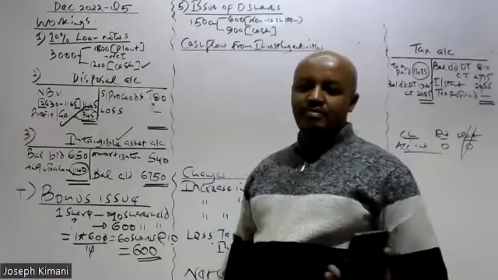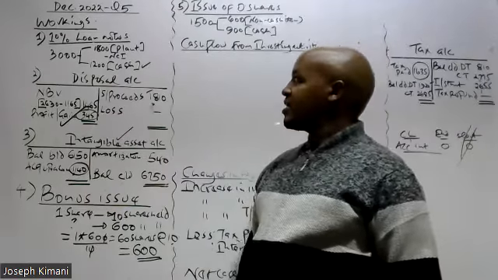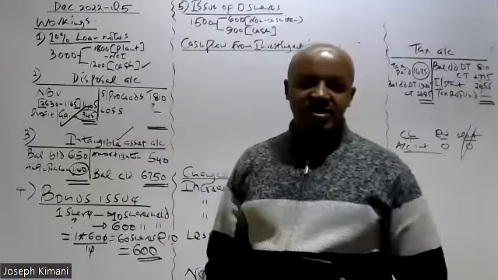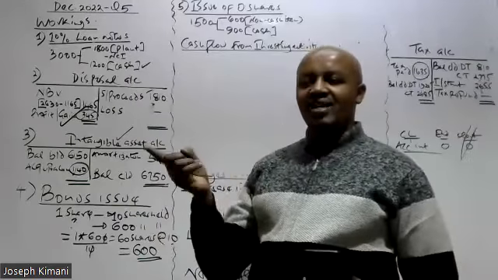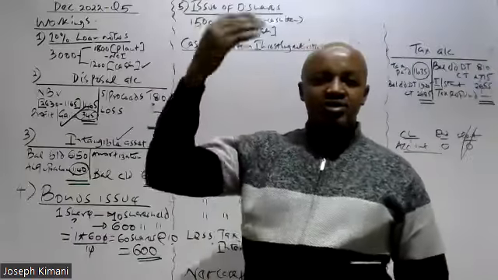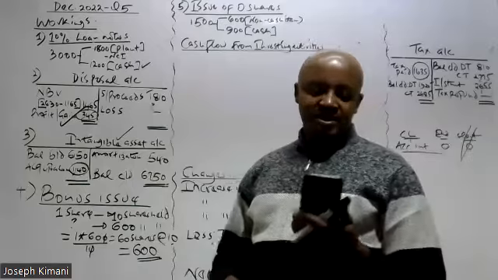It was acquired from a finance company, and we were told that the plant was paid for by the company through issuing loan notes, and therefore it is a non-cash transaction. We will not consider that here because no money was paid for that plant, so we don't consider it here.